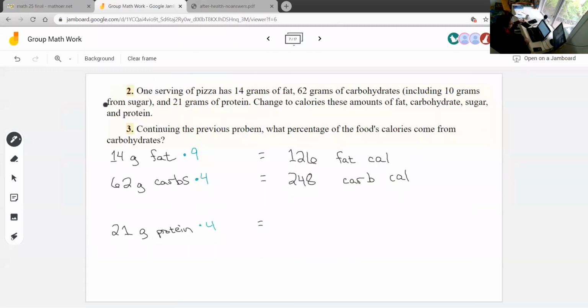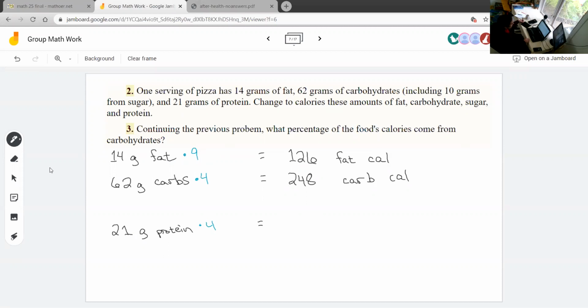Okay, now we're working on this one. I am following Donna's guidance. She's saying to have 14 grams of fat, 62 grams of carbs, 21 grams of protein. She wanted to include the sugar. I said, wait, because I have a secret teacher reason for that. For fat, you multiply by 9 to get to calories.